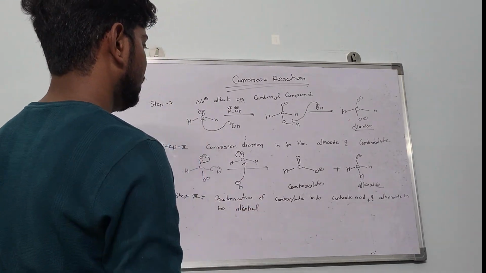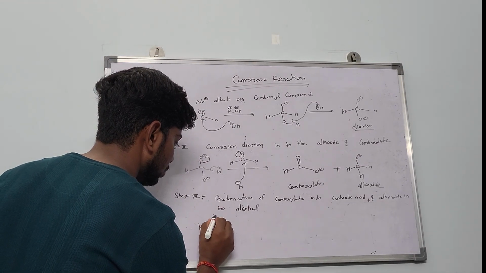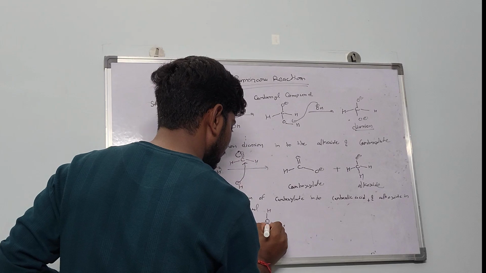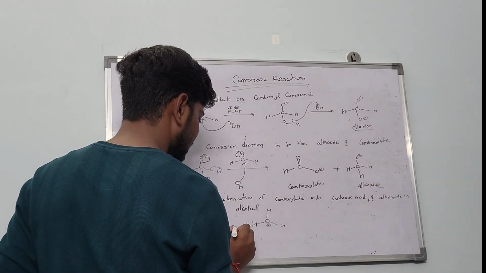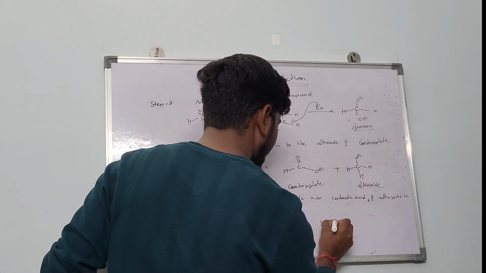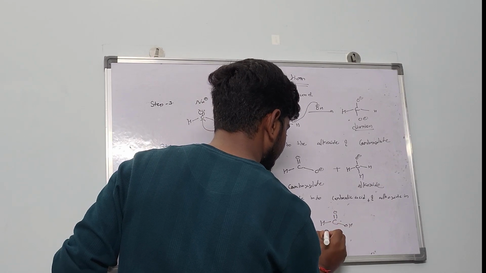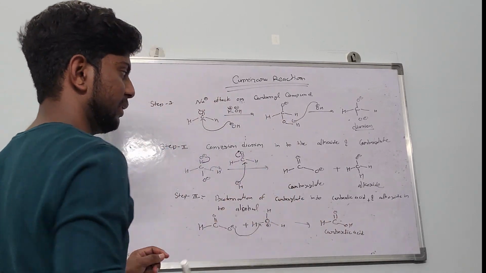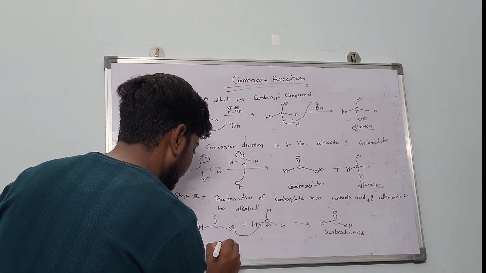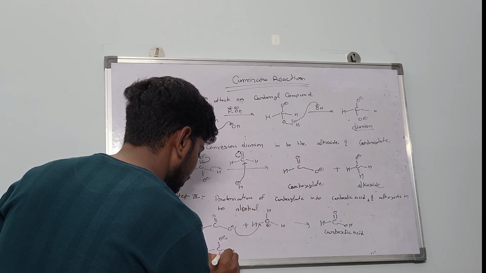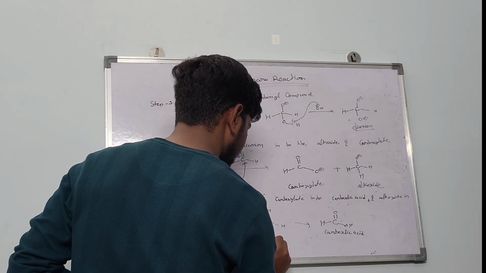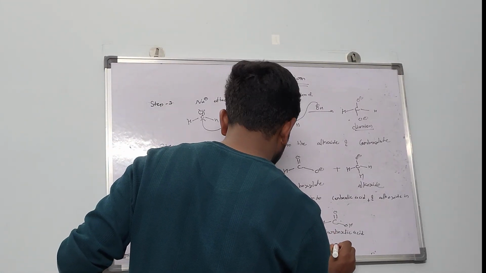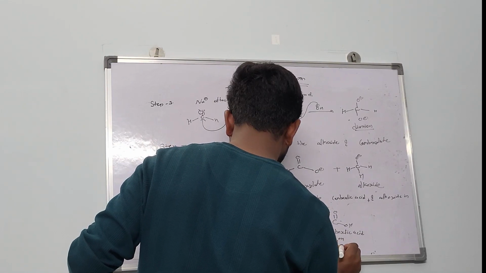So now, the carboxylate, H single bond C double bond O, single bond O negative, and the alkoxide, H single bond C, single bond O negative, single bond hydrogen, and hydrogen positive charge, are present in the reaction. The negative charge of oxygen will abstract the hydrogen, and it is converted to C double bond O, single bond OH, the carboxylic acid. And the other, the alkoxide, plus H2O: we use water here. It will abstract the hydrogen and make the alcohol: H single bond carbon, single bond OH, single bond hydrogen.